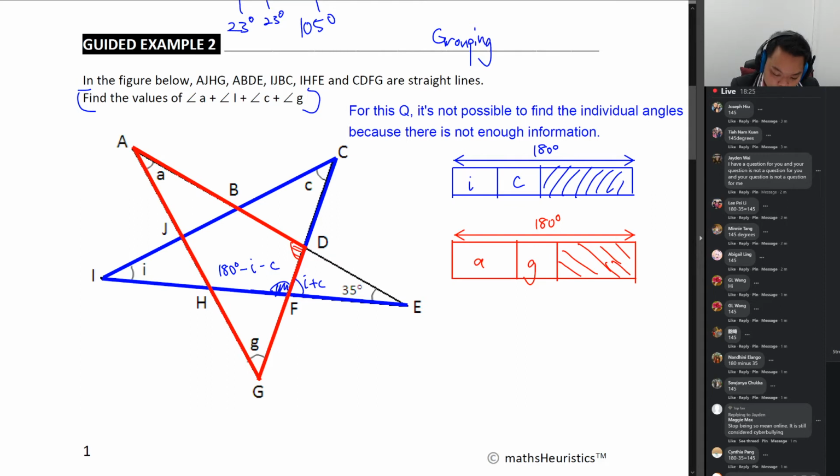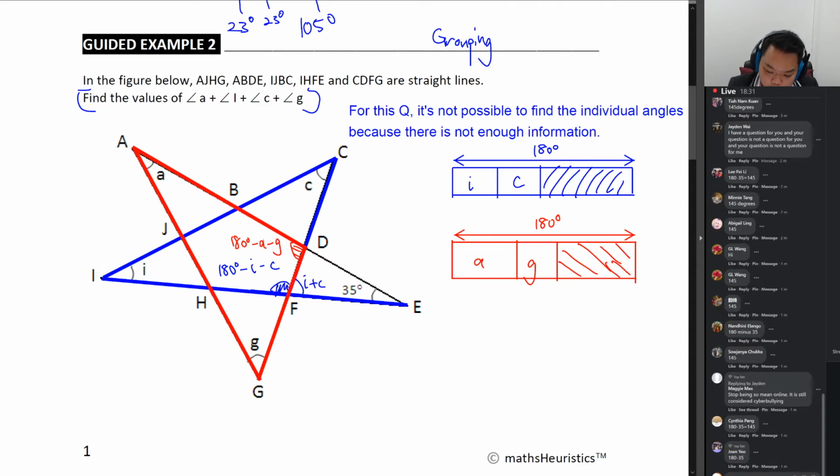So this is the other shaded portion. So this angle has to be angles A plus G because they sum up to 180 degrees. True or not?